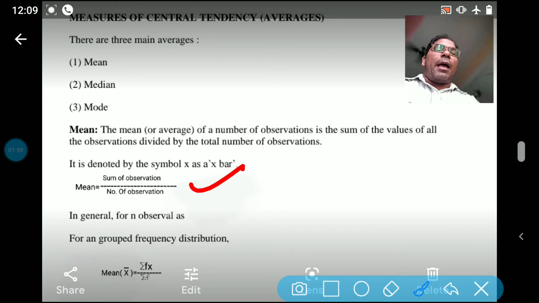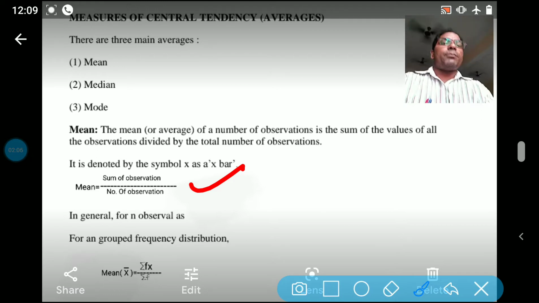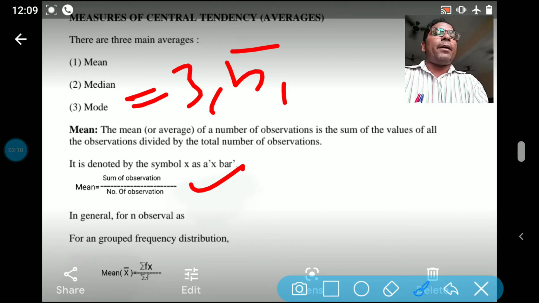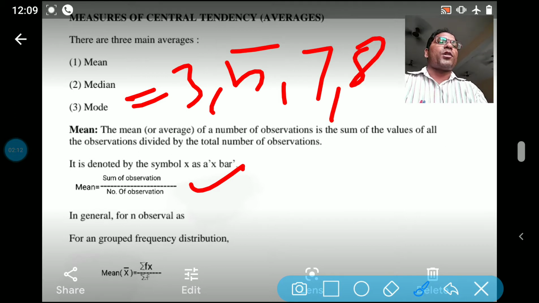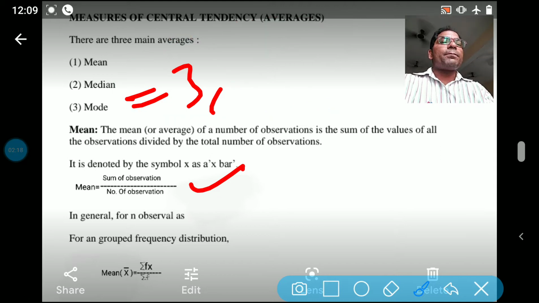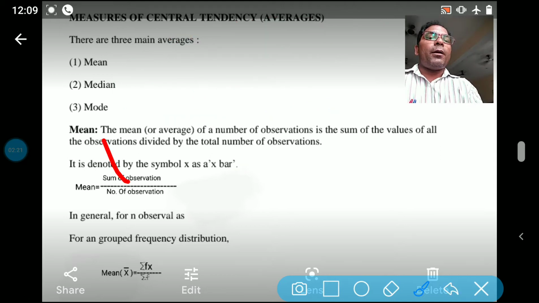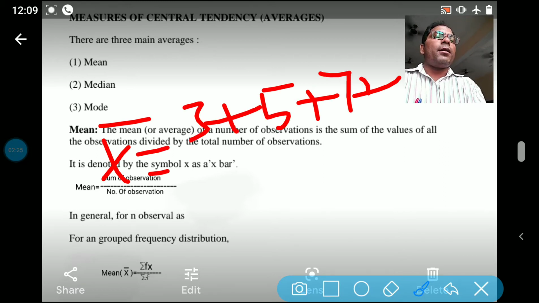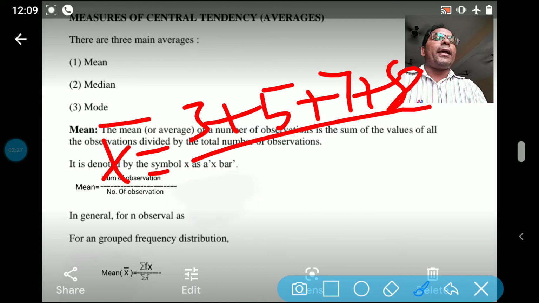For example, I am going to explain one question. Suppose the observations given are 3, 5, 7, 8. Four observations are given, and you have to find the mean. You can use the general formula: mean equals 3 plus 5 plus 7 plus 8, divided by 4, as there are 4 observations.